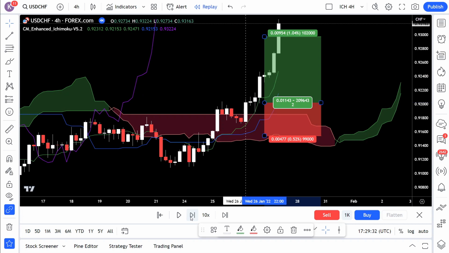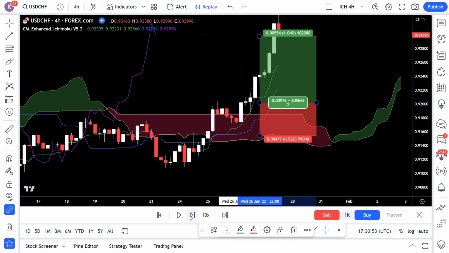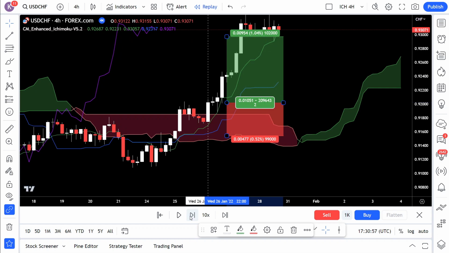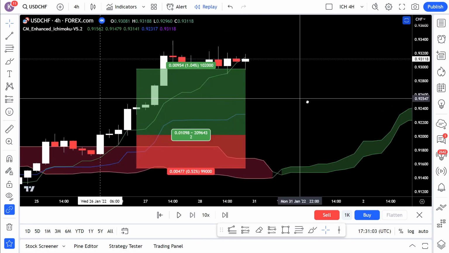With a fixed target, we would have automatically exited on this candle. Price is still above both moving averages, so we'd still be in the trade in those cases. We can see price close below the green moving average and we would have exited for a slightly higher price.